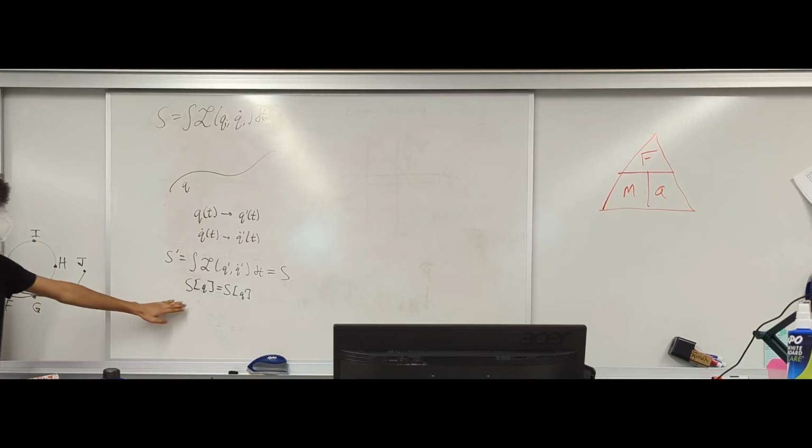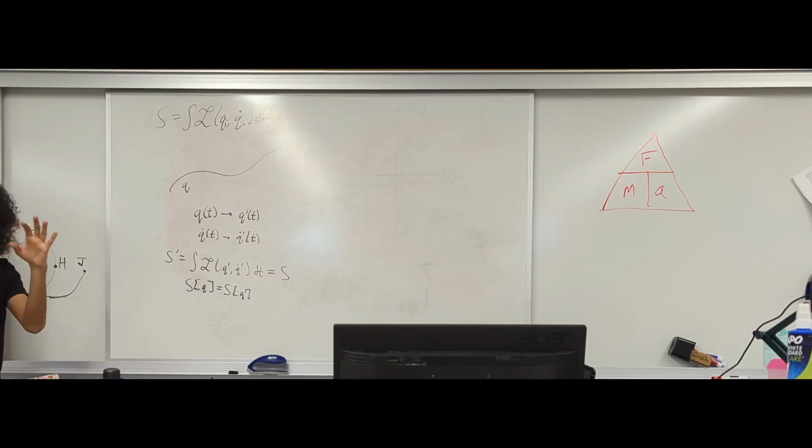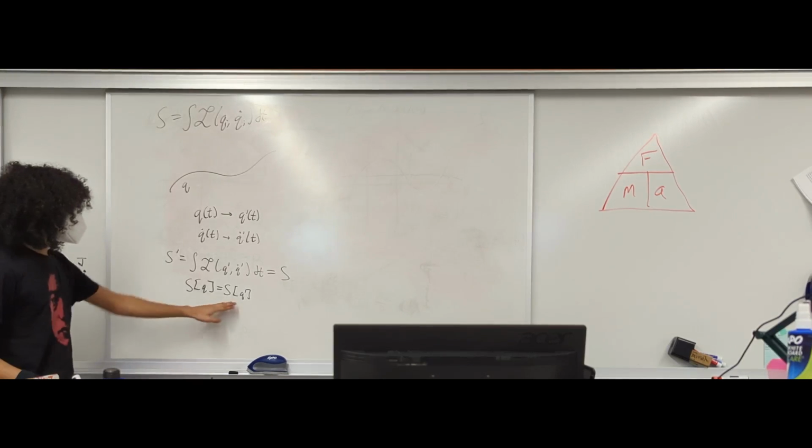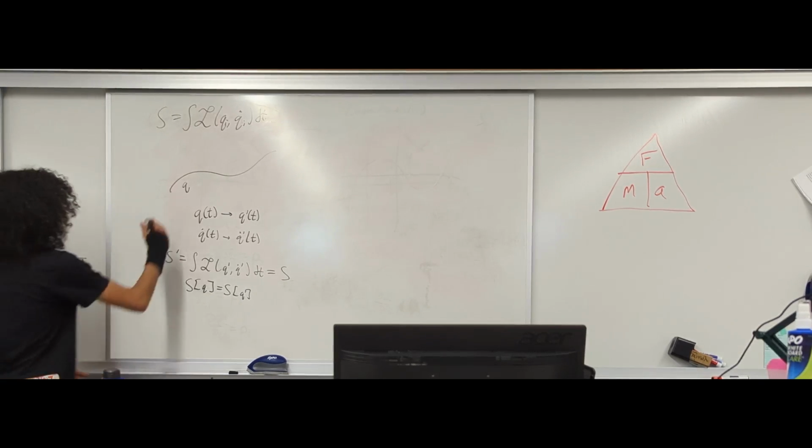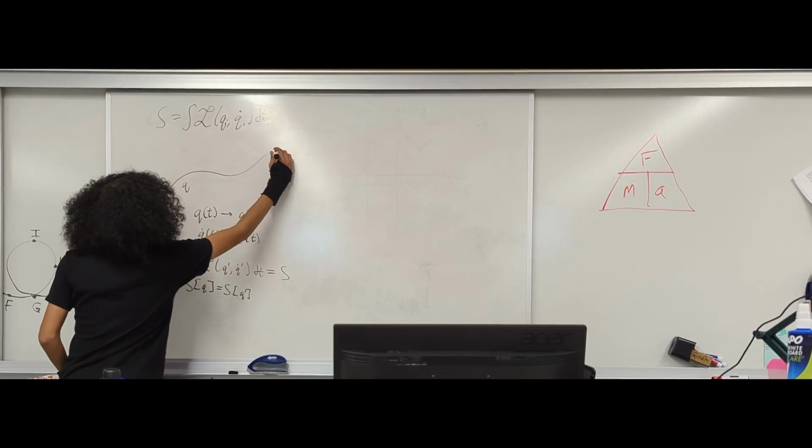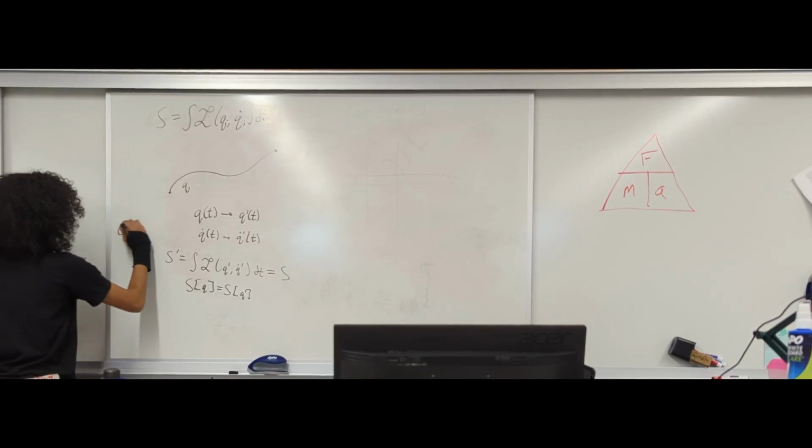So what that then means is that, let's say our action is rotationally invariant. If we rotated the whole trajectory at once, or just rotate the whole space at once, and that preserves the action, then basically what we're saying is that, let's say our origin is here.